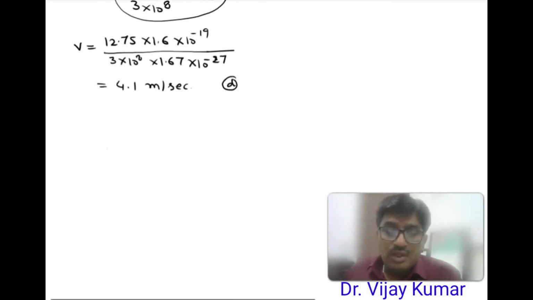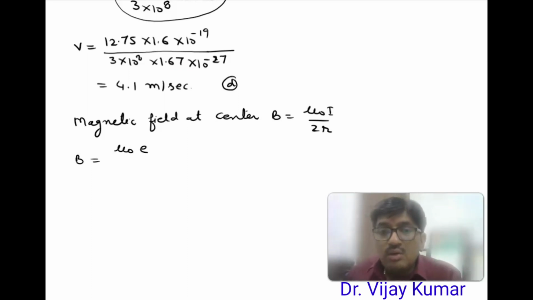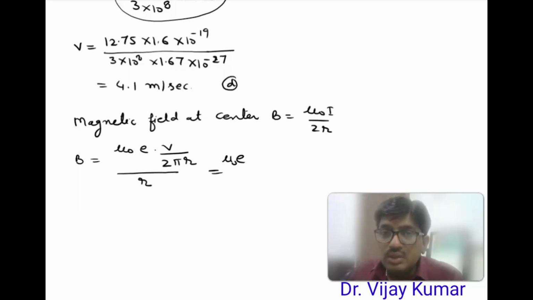In option A, we know that the magnetic field at the center is B equal to mu naught I upon 2R. We can write I as E V upon 2 pi R, so B equals mu naught E V upon 2 pi R square.